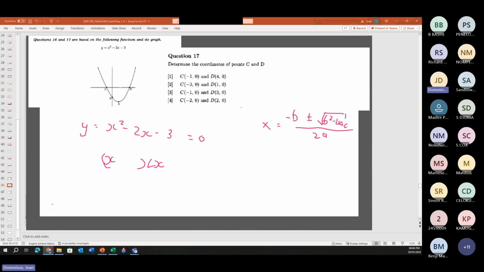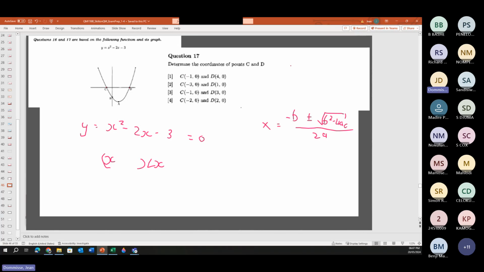So we could have used that, but if you look at the numbers, it's whole numbers. That tells me that with factorization, I will get those numbers.